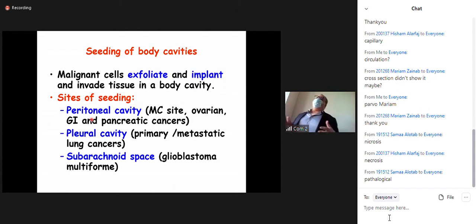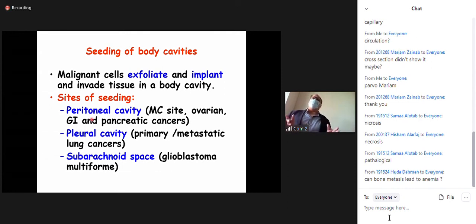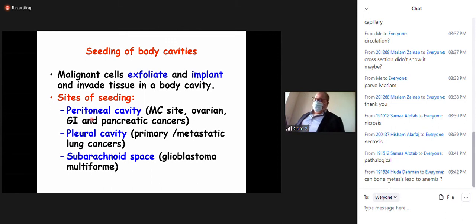So anywhere where you find a tumor growing in those sites, and the tumor cells are able to reach that space and to reach that fluid, they are going to detach from the original site, and they are going to base themselves in this fluid, and they will spread far in that space. That's what you see, for example, with peritoneal cavity metastases that are related to ovarian cancer, especially ovarian cancer.